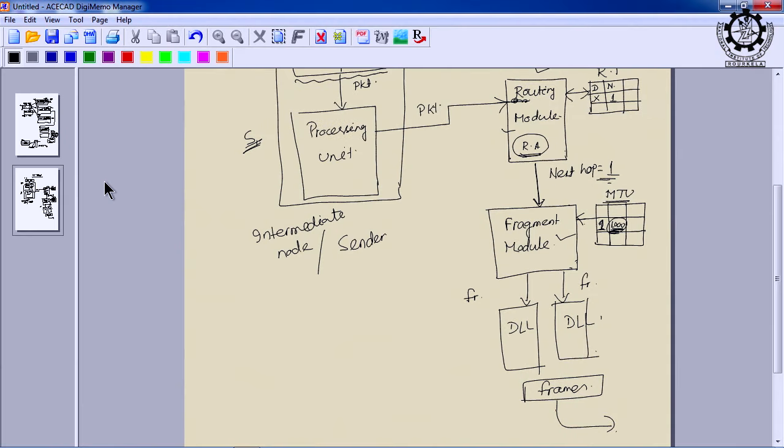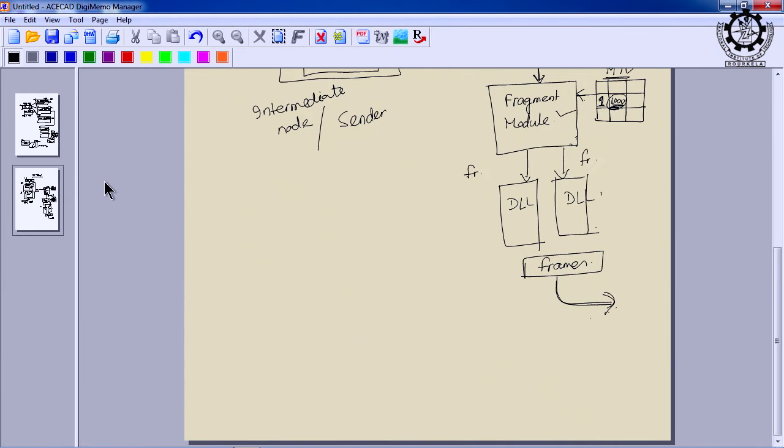Now, let us say it goes to the final destination, the receiver. Assume that here is the receiver, it comes to the receiver now.